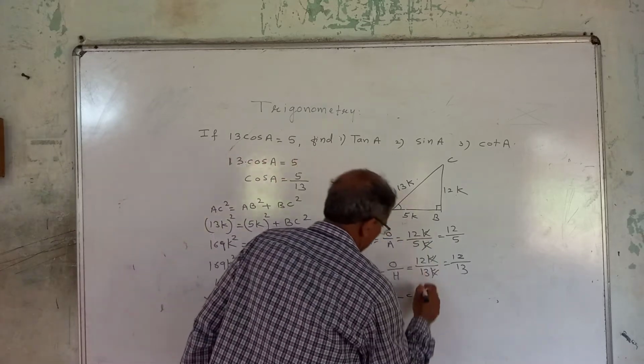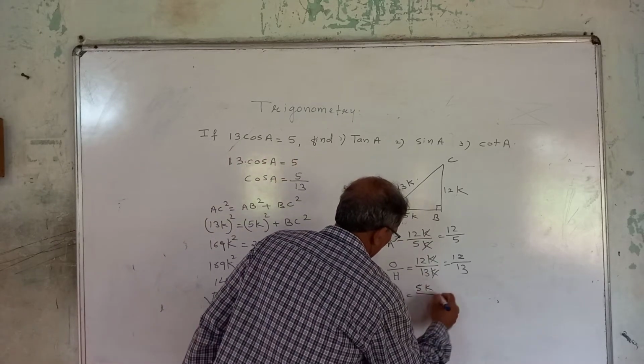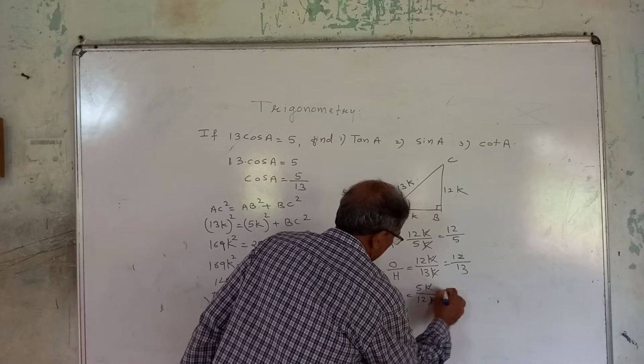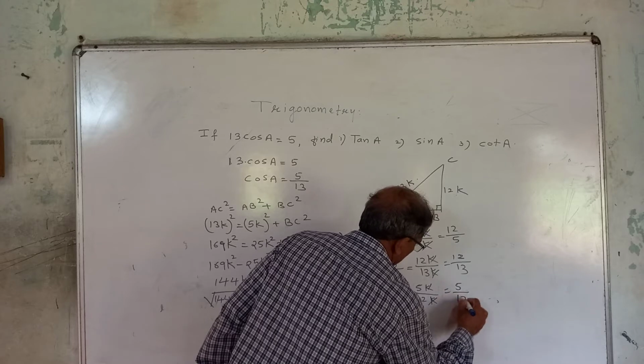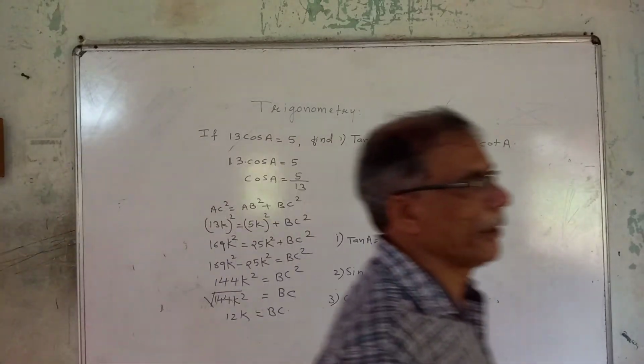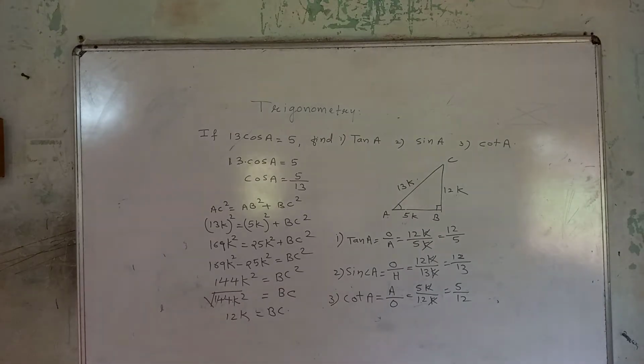AB, that is 5k upon the opposite, 12k. K cancels, 5 by 12. So if you are not directly given the ratios in the given information, you have to determine the ratio and then draw the figure and find the required ratios.